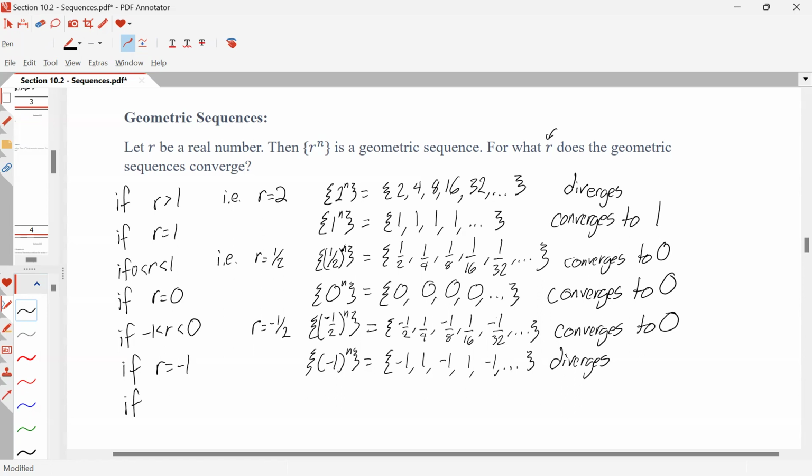And then last, if r is less than -1, say r is equal to -2, it would be the same as that sequence of 2 to the n, but with the negative sign switching. -2, 4, -8, 16, -32.